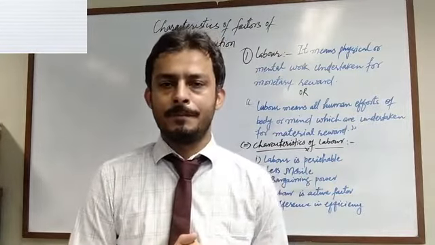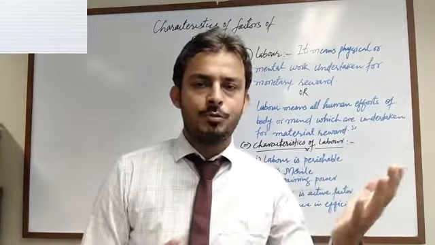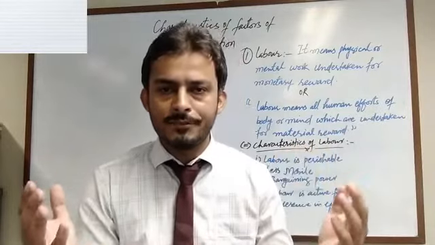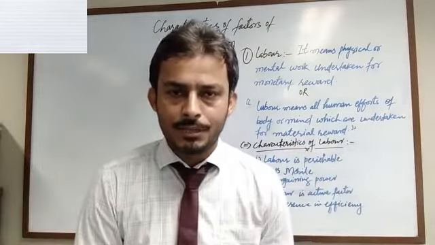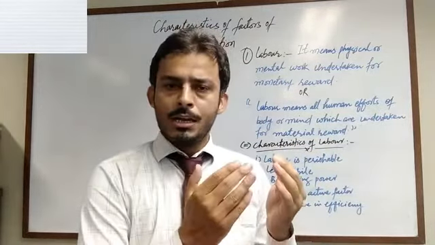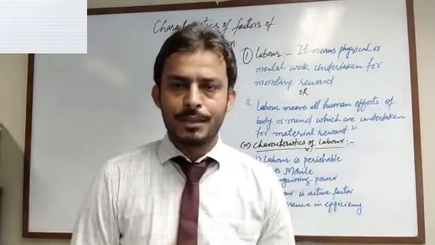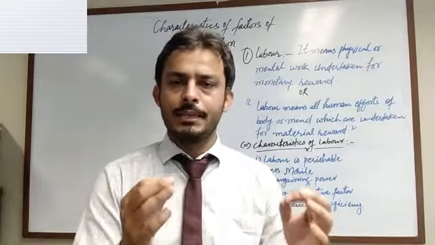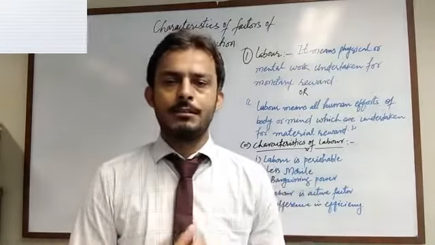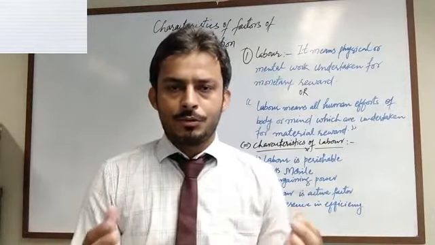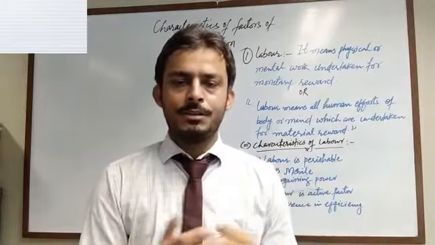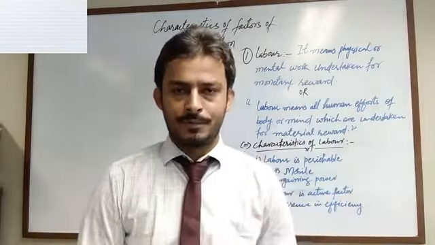One individual can be more efficient. What does efficiency mean? Efficiency means using minimum resources and getting maximum output. That totally depends, again, on knowledge, experience and expertise. So every individual is different, and so efficiency is also different.